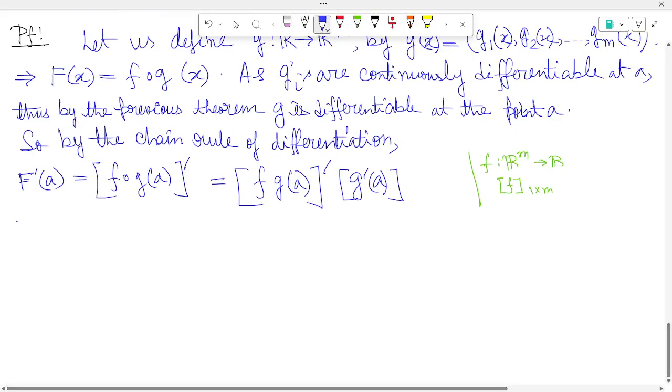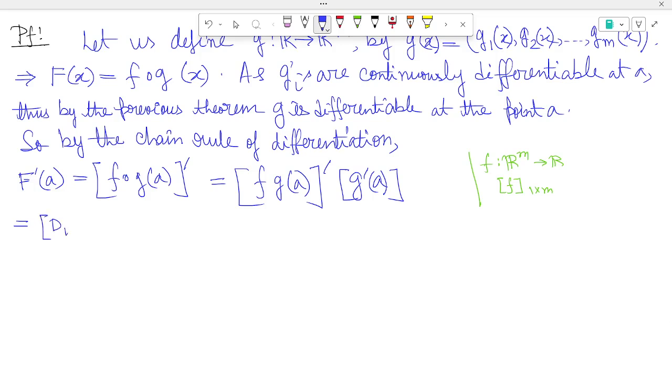And you already know what the entries are now. That is D1 f of g A, dot dot, Dm f of g A.